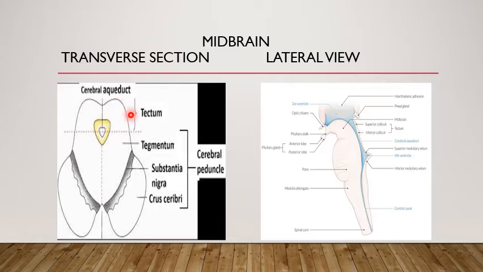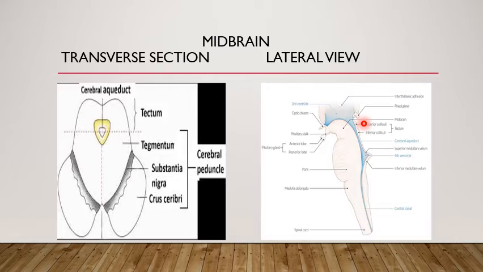Now the tectum part of midbrain is made up of a pair of superior colliculi. That is why I have shown you this particular lateral view also. So when we talk about tectum, you can think that if from the aqueduct we draw an imaginary line, this front part is on the side of the cerebral peduncle, and this part here is the tectum. Okay, so what you are viewing here is the lateral view, and here you can see the superior colliculi and the inferior colliculi.